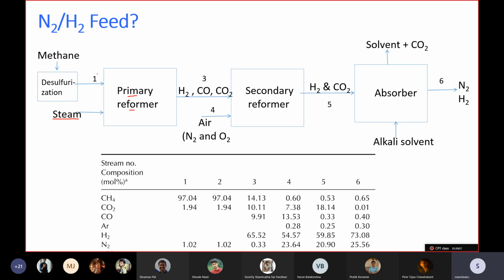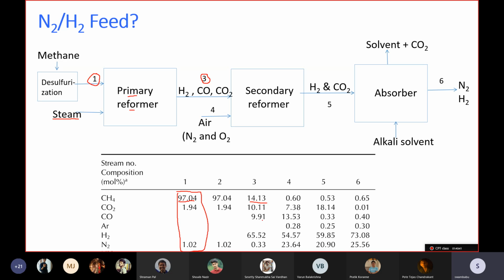So here, see, this is stream 1. This is the composition. Now here, stream 3, after leaving the primary reformer, you can see methane is reduced from 97% to 14.13%.